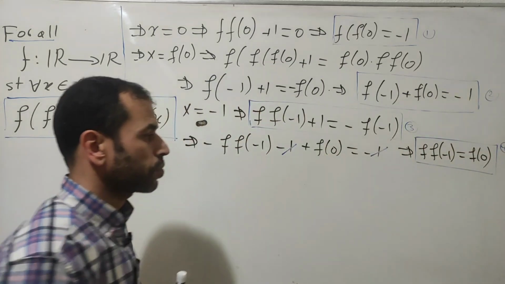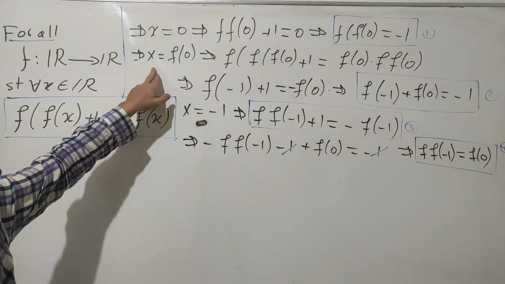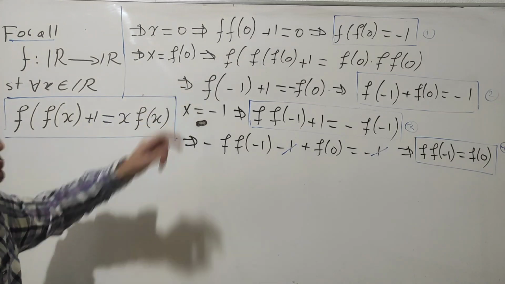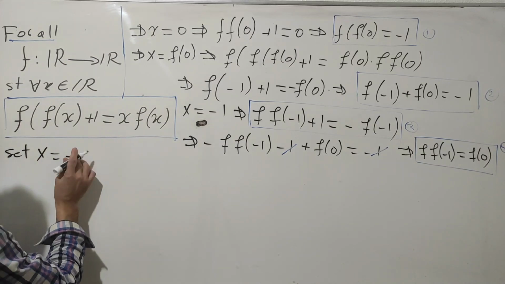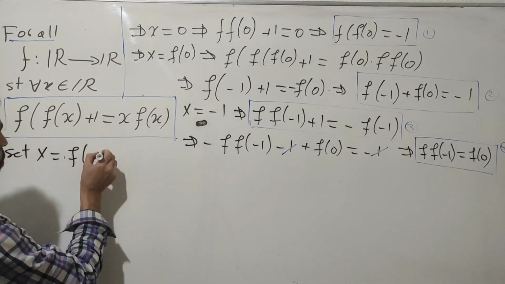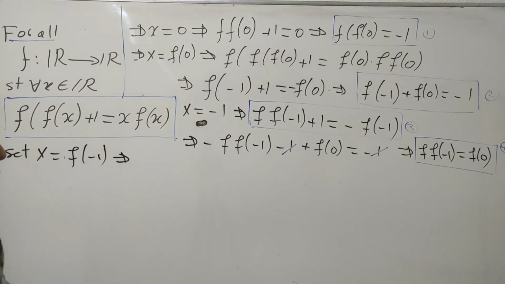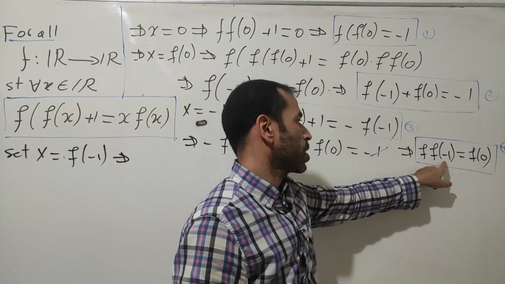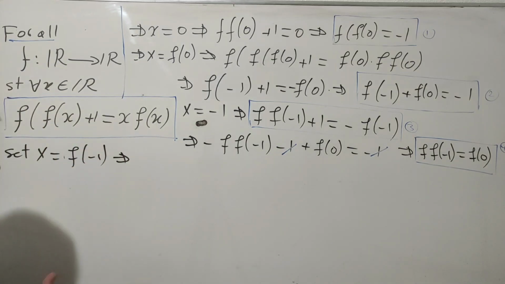Now the next thing, I'm going to replace x with f of minus 1. So let's set x equals f of minus 1. Why am I doing this? Because I see here I have f of minus 1 inside of this one, so if I replace this, I will have a nice new equation.